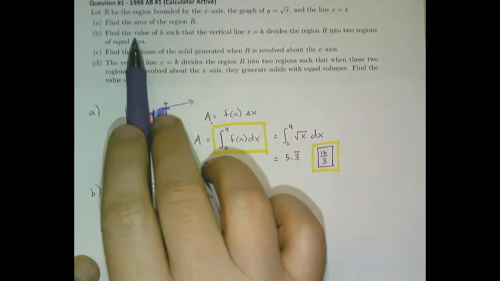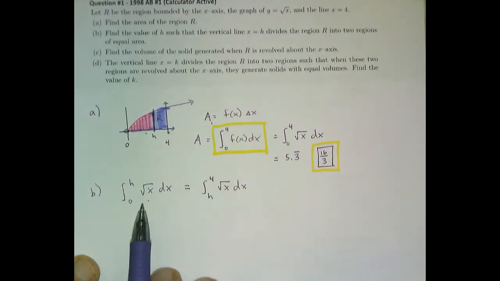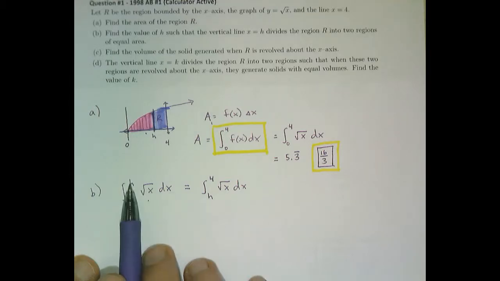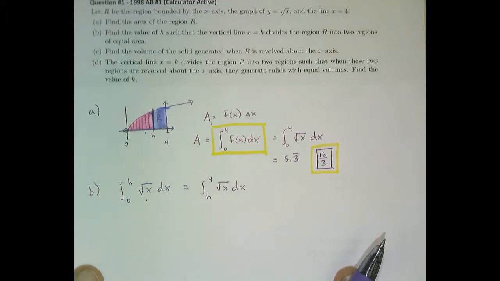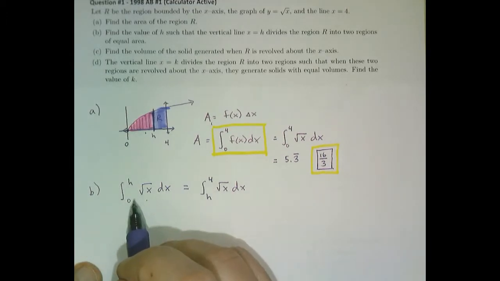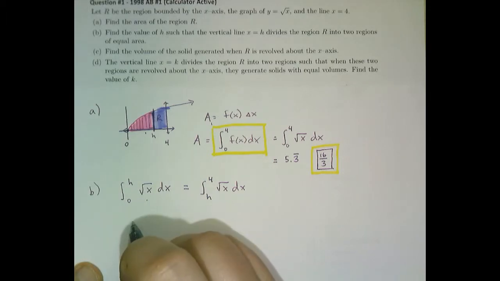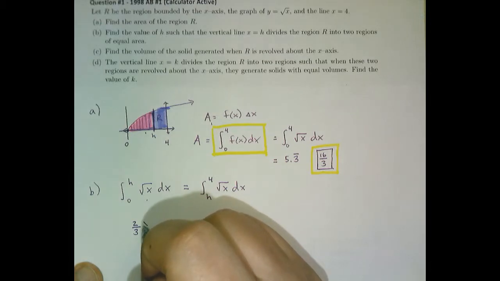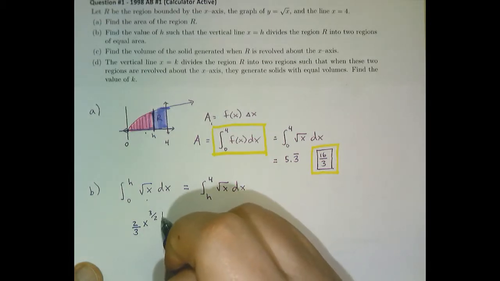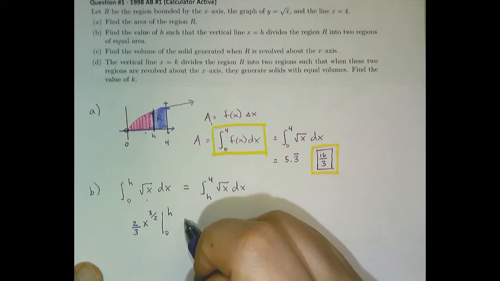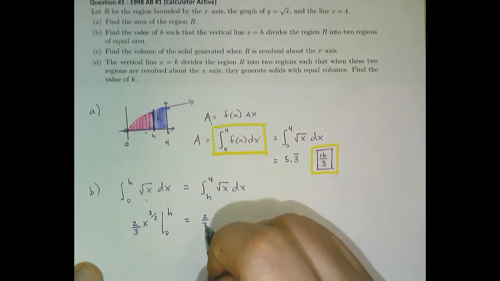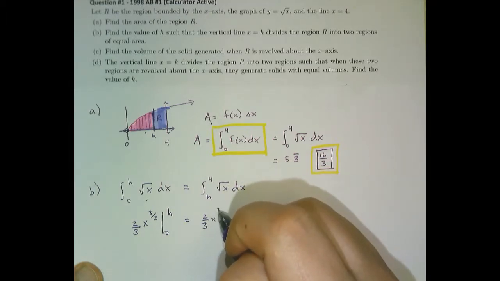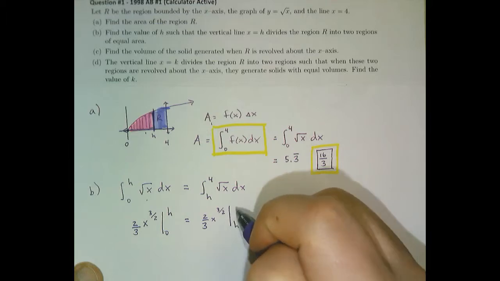And they ask us to find the value of h. So sometimes they just want us to set up the equation, and other times they want us to actually find the value of h. So here we're going to take the antiderivative and apply the fundamental theorem of calculus. The antiderivative of the left-hand side is 2/3 x to the 3/2 from 0 to h, and this is going to be equal to the antiderivative of the right, which is the same value, 2/3 x to the 3/2, except this is being evaluated from h to 4.